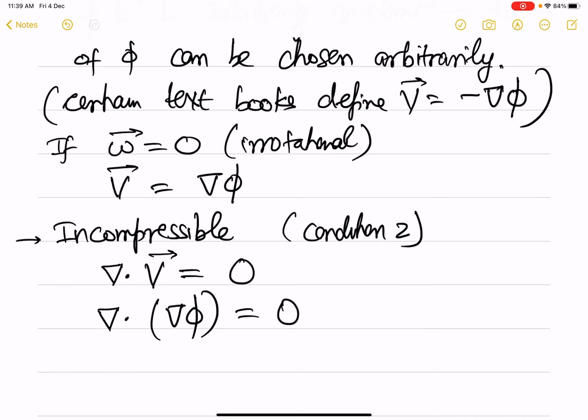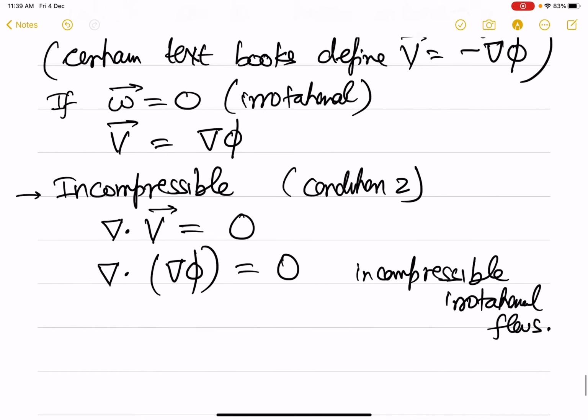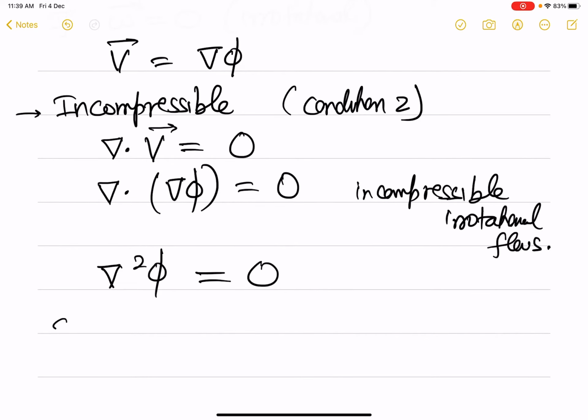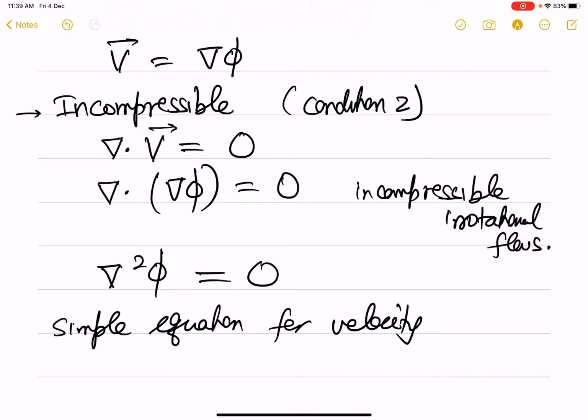So for incompressible irrotational flows, we get the governing equation as del dot grad phi is equal to 0, and this becomes del square phi is equal to 0. That means we have a very simple equation for velocity. I am saying it for velocity because if I take gradient of phi, I will get velocity, and this equation becomes del square phi is equal to 0.